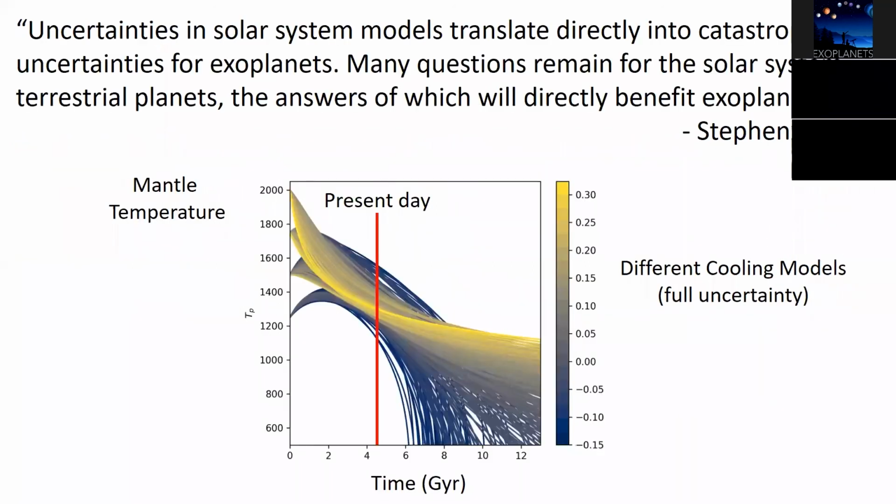And to tie it back to the first speaker we had, Stephen Kane made a quote: "Uncertainties in solar system models translate directly into catastrophic uncertainties for exoplanets. Many questions remain for the solar system terrestrial planets, the answers of which will directly benefit exoplanets."